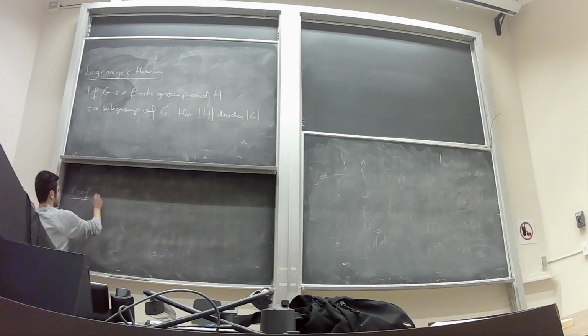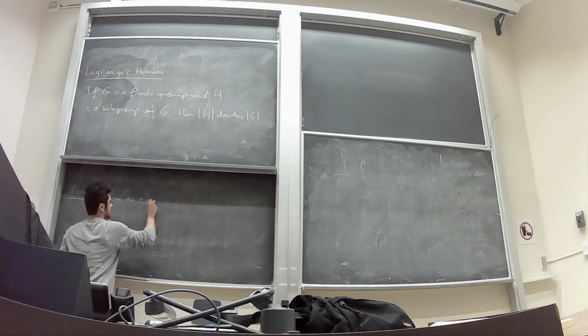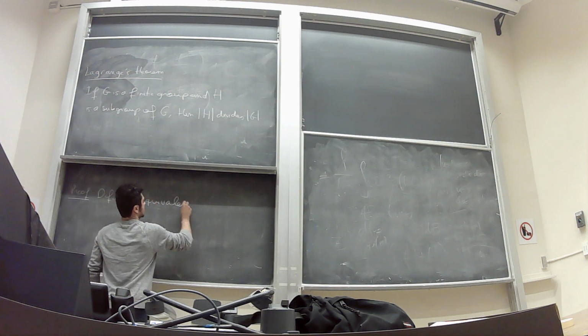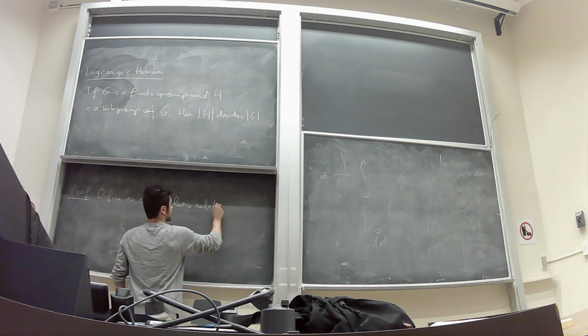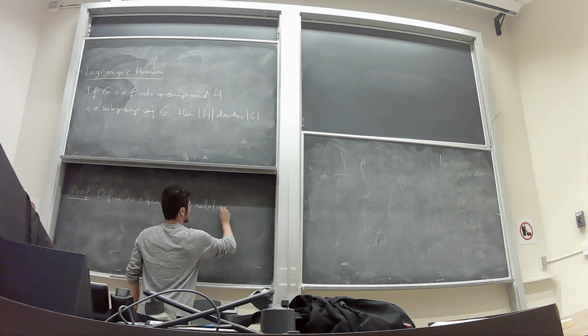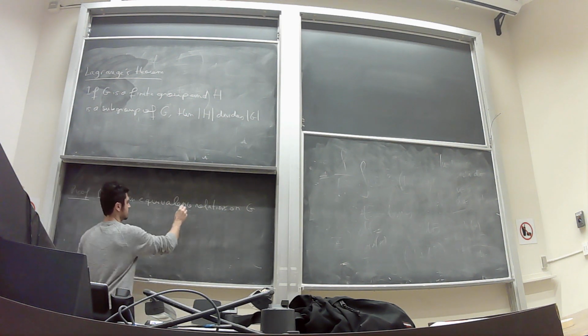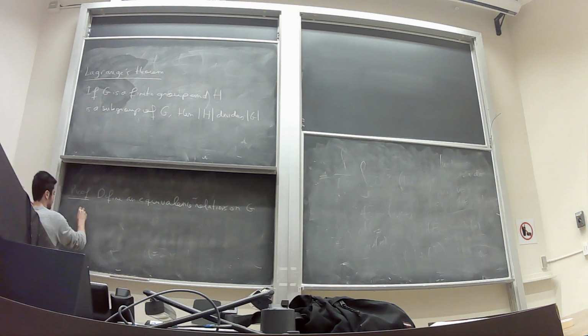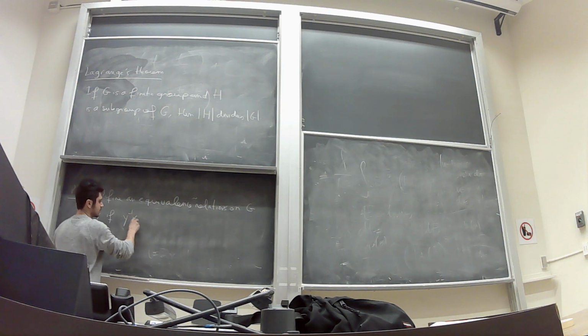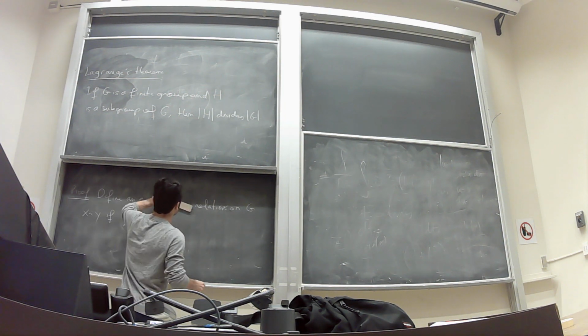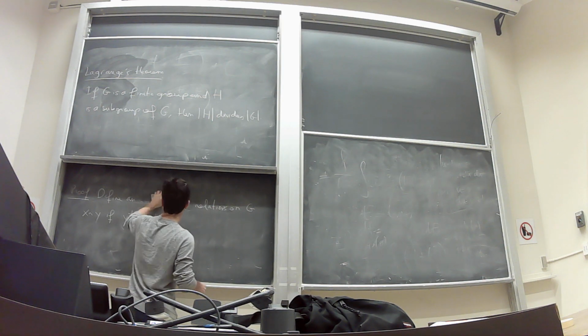Last time we defined an equivalence relation on G. On G, let's call it tilde. We say that X is related to Y if Y inverse X belongs to H. Well, define a relation on G. And we show that it's an equivalence relation, right?